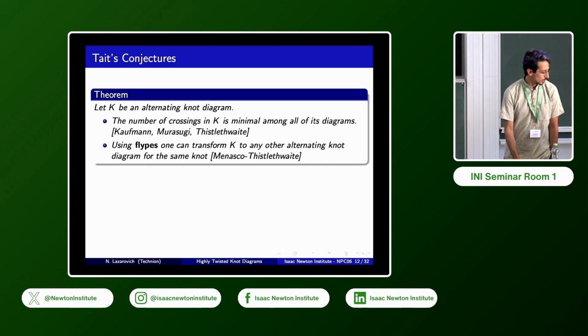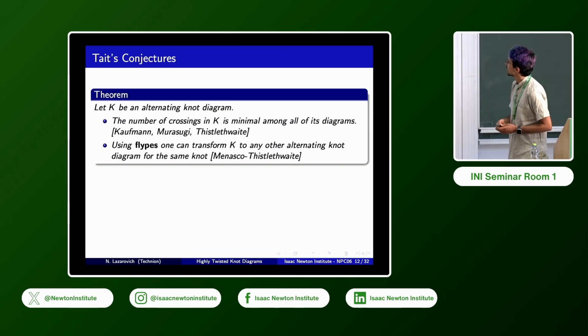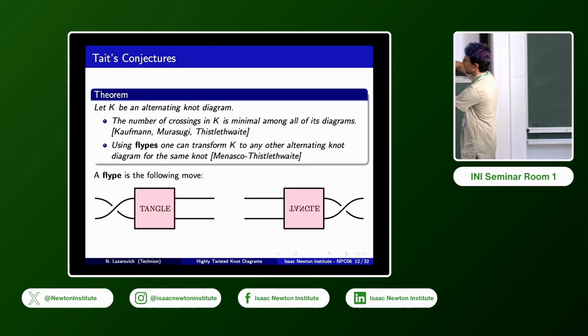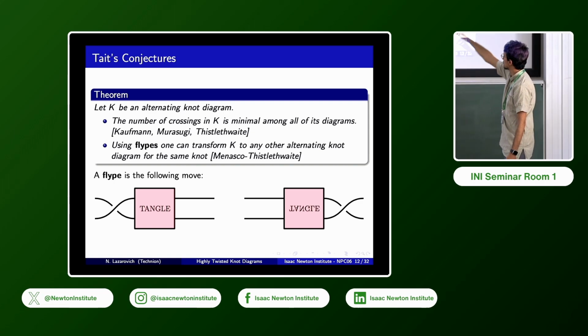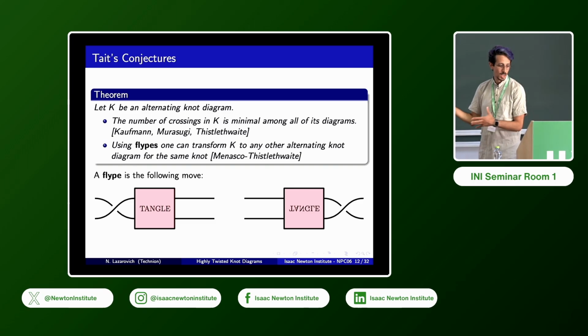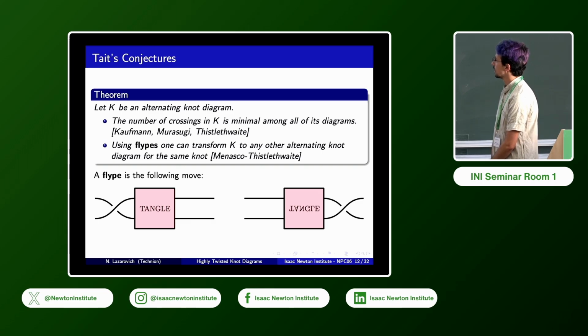And the second, which is more in the spirit of rigidity, tells us that just using flypes, one can take any alternating knot diagram to any other alternating diagram of the same knot.